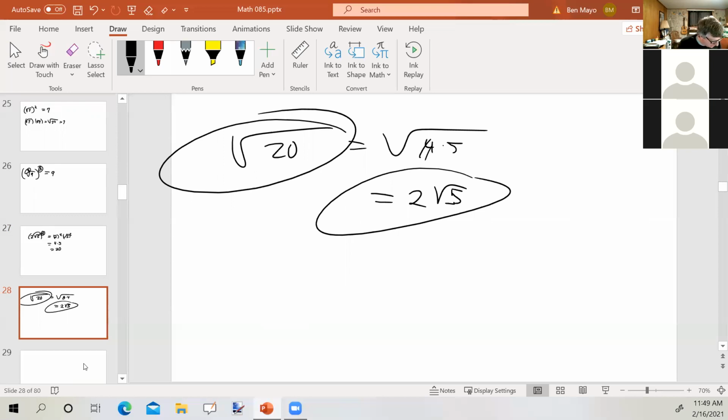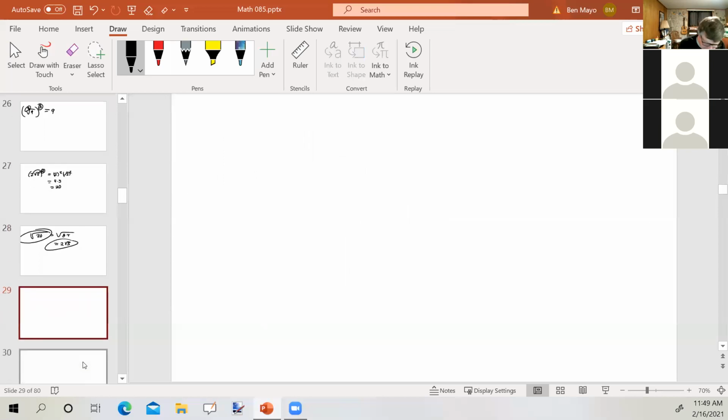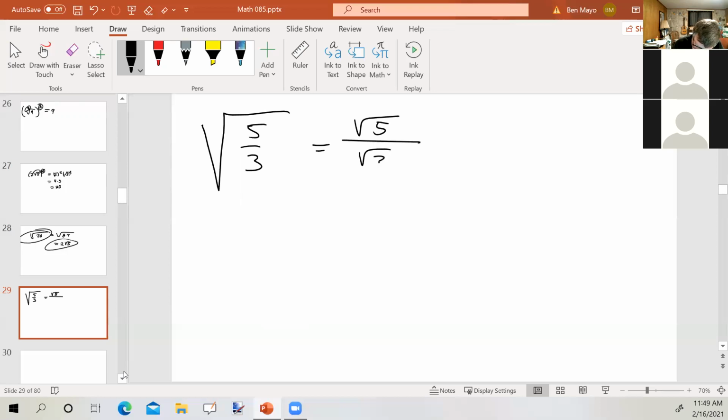Now, let's say we have the square root of 5/3. So 3 is the denominator inside. If we split it up, now the denominator is the square root of 3, which is not rational. We say it's irrational.